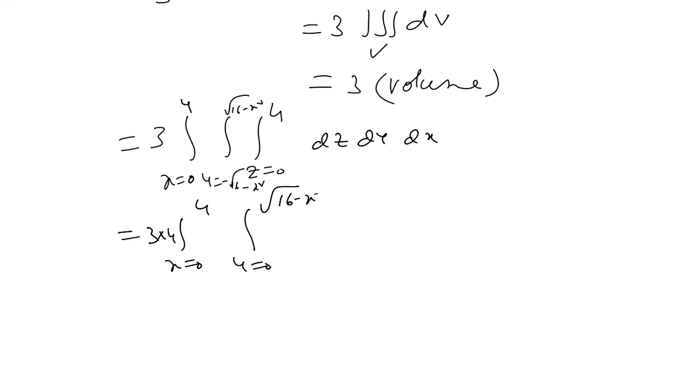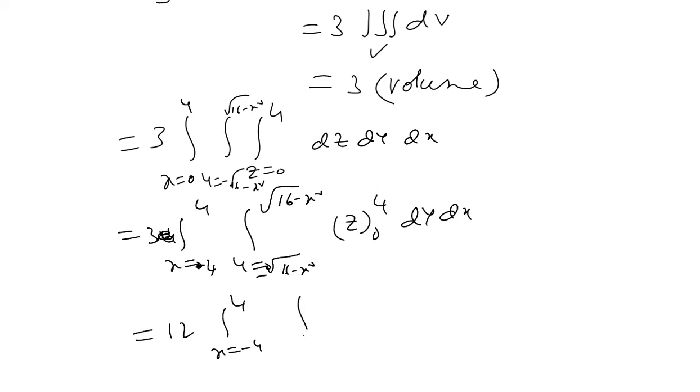The integral of dz is z from 0 to 4, dy dx. Or you may take it as square root of 16 minus x square minus 4, no problem. So you will get 12, x is minus 4 to 4, y is minus root over 16 minus x square to root over 16 minus x square.